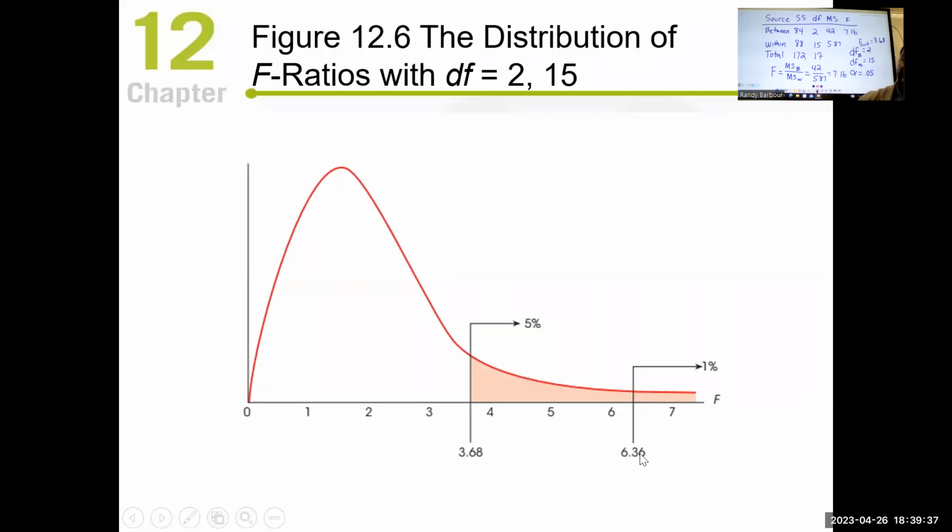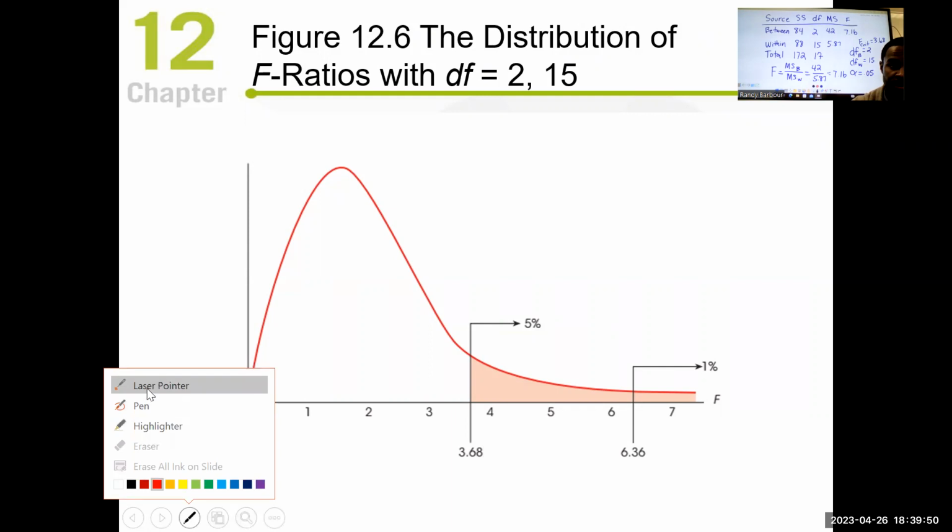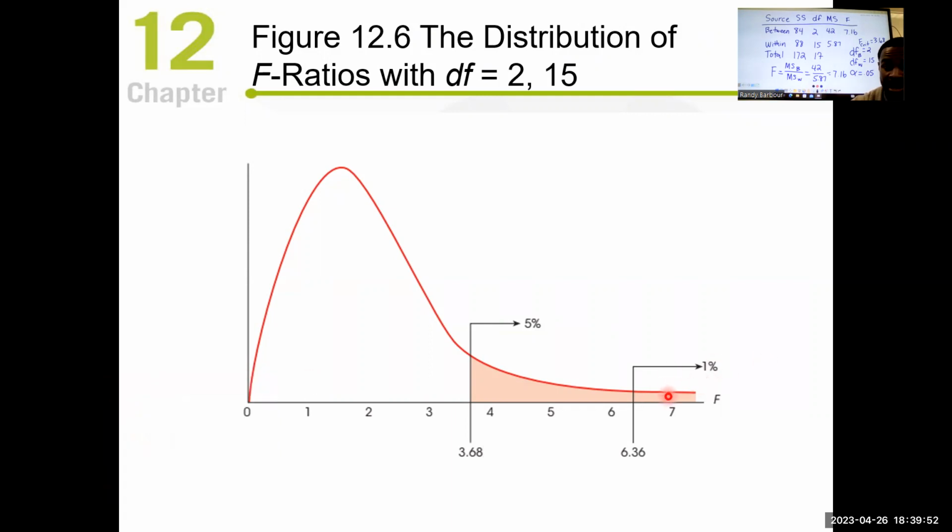So my study shows that there's a significant difference at both a 5% significance level and a 1% significance level, because that 7.16 would fall somewhere outside here, right? Because it's greater than that 6.36 right there, right? So we know that there is a significant difference among those study strategies, okay?